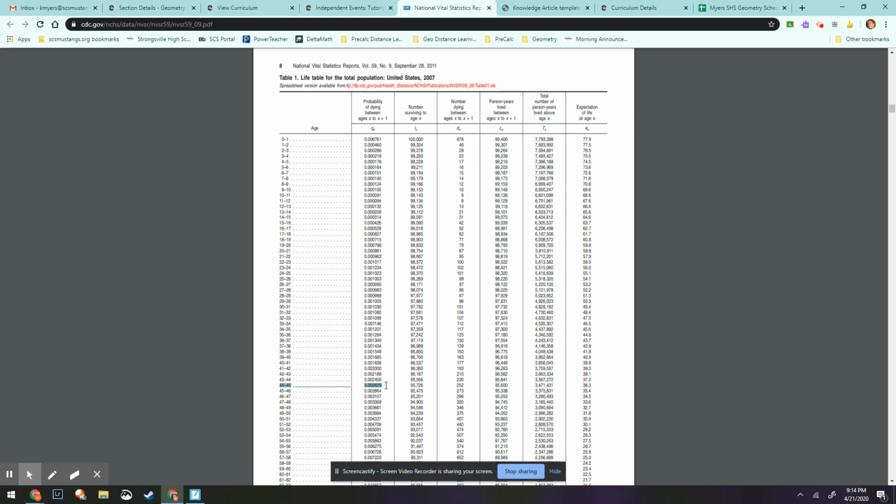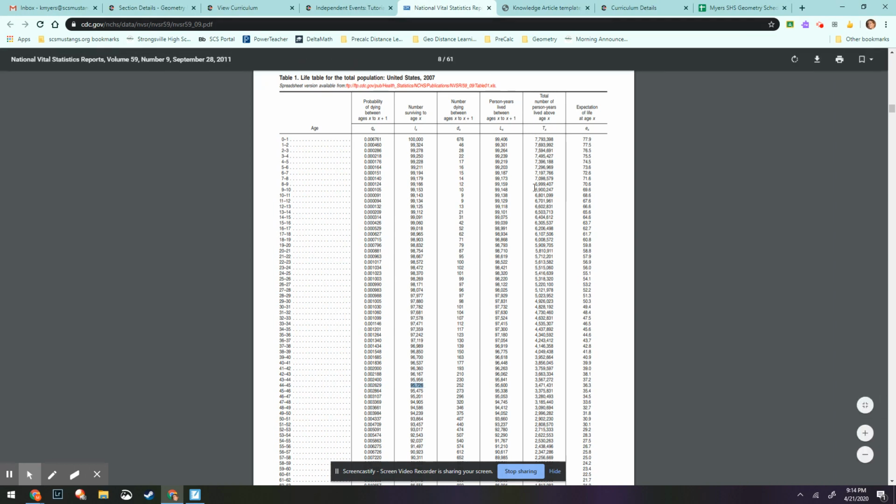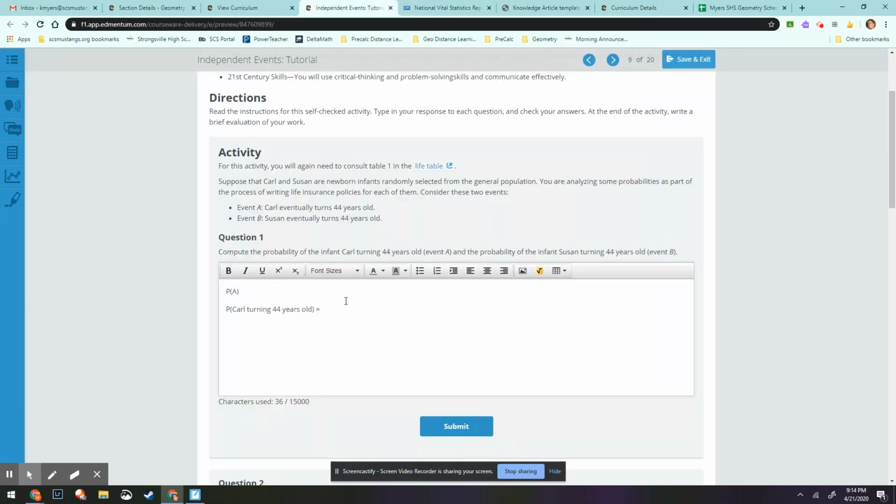But we can't just do 1 minus that. So let's come over here and look at the number surviving to the age of 44. From that table, it says that there are 95,726 people that will survive until the age of 44 out of 100,000.